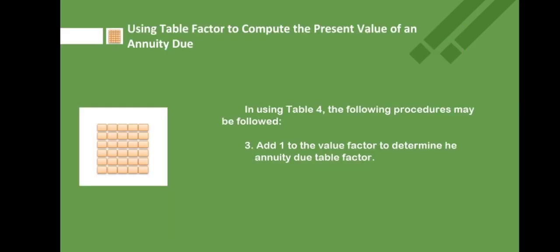Third, add 1 to the value factor to determine the annuity due table factor. So, ang nakuha natin kanina is 2.828611. So, mag-add lang tayo ng 1. So, magiging 3.828611 siya. Hence, the table factor is 3.828611. 4. Multiply the value of item 3 with the annuity payment.